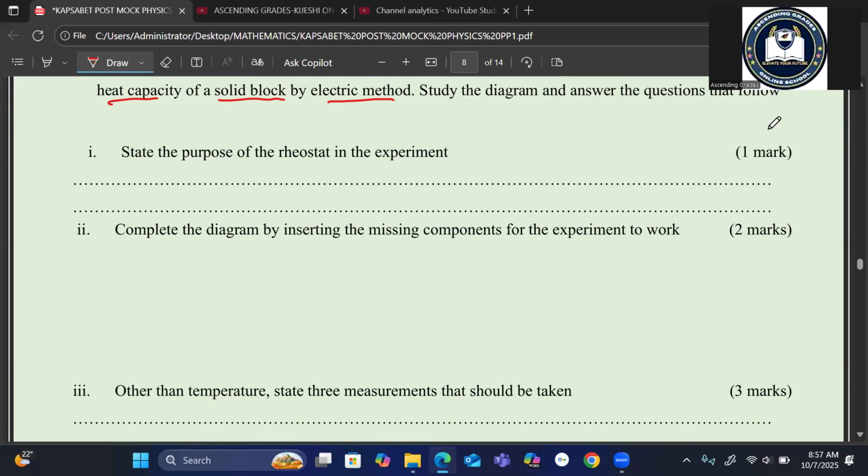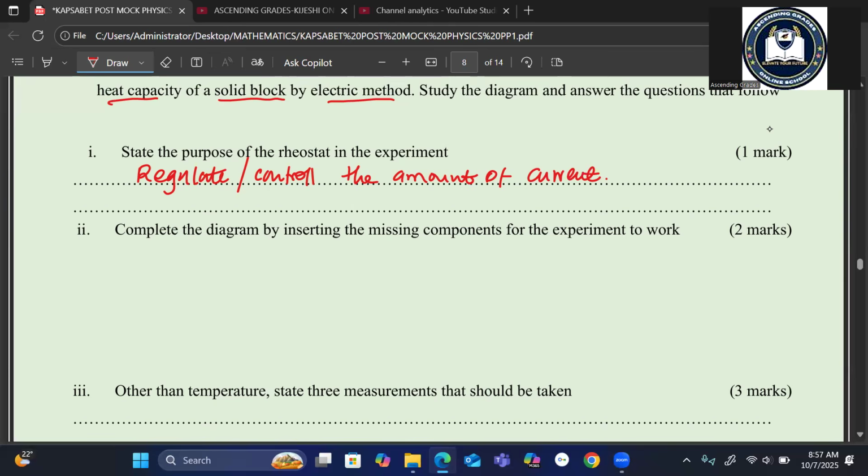It regulates or controls the amount of current.